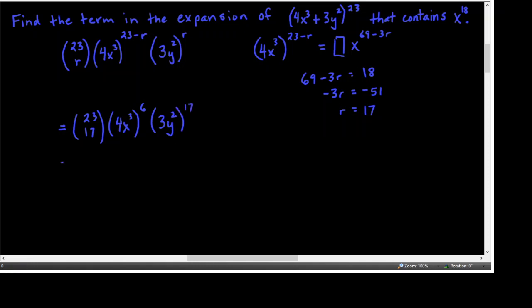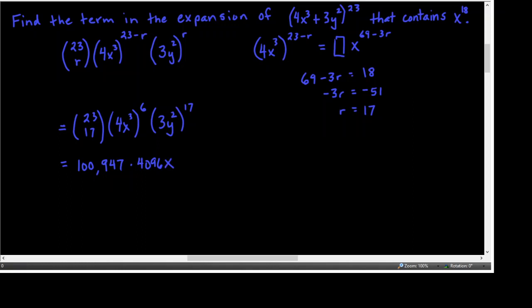Okay, we're not out of the woods yet because we have to do all of our simplifications. 23 choose 17 is 100,947. 4 to the 6th is 4,096.